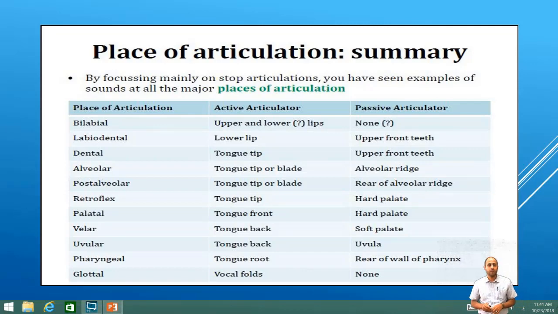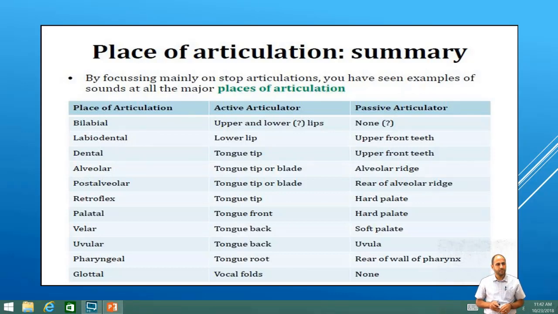In the dental consonants, we need to move the tongue tip to touch the upper front teeth. And to produce alveolar consonants, we need to move the tip of the tongue or blade of the tongue towards the alveolar ridge.